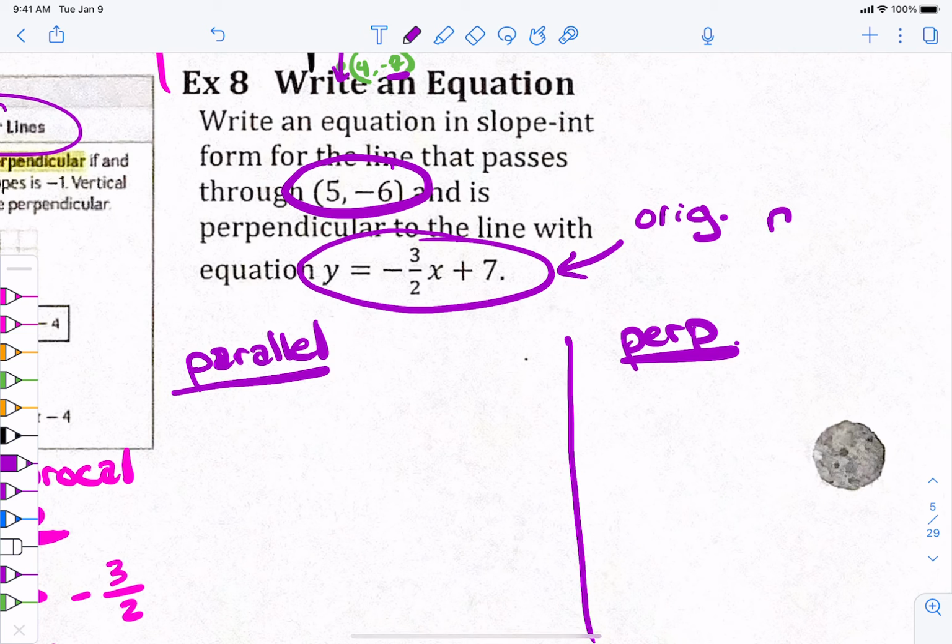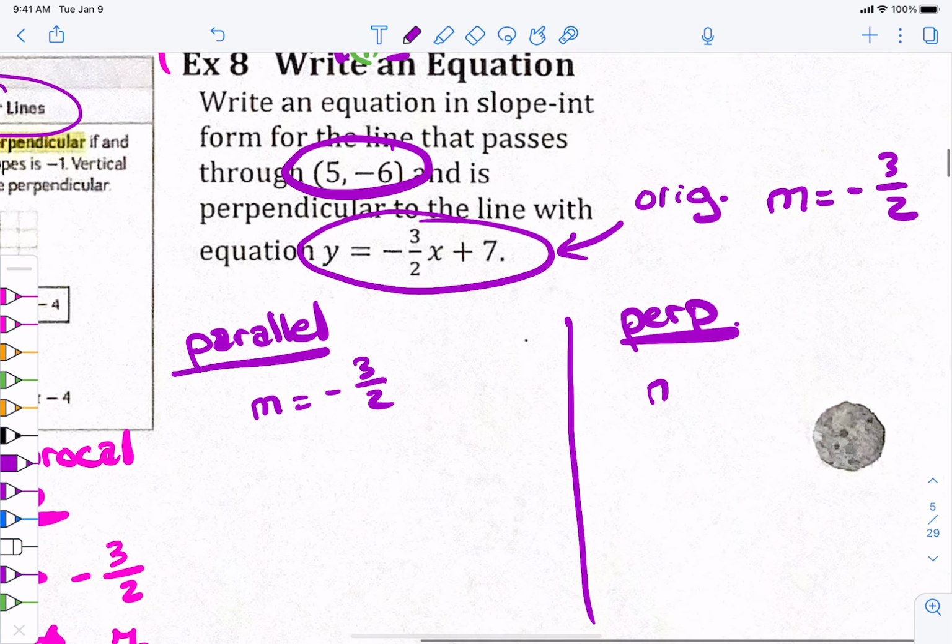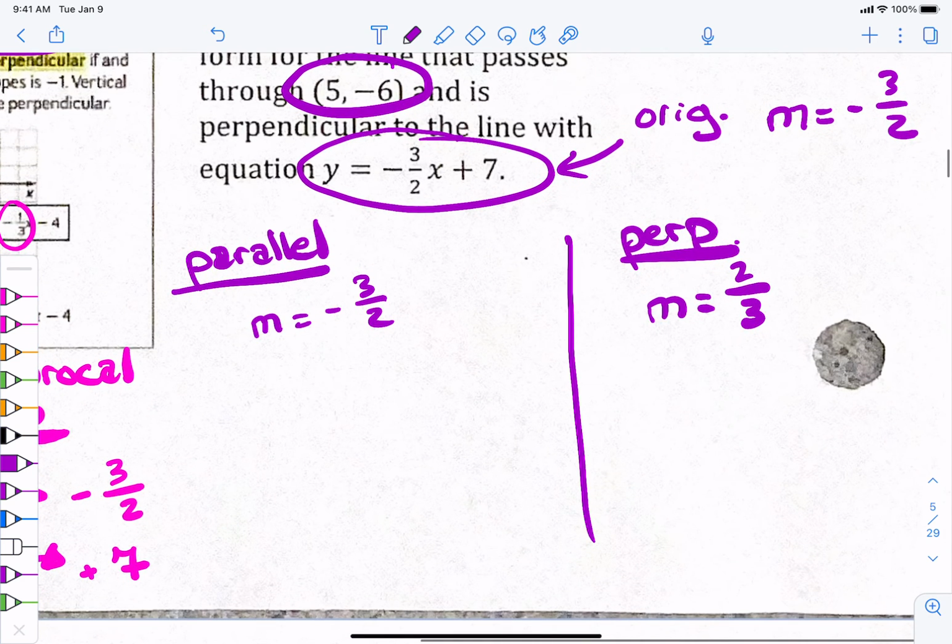What is the slope of that original line? -3 over 2. If I want a line that's parallel to it, that slope has to be the same. If I want a line that's perpendicular to that, what does its slope have to be? The opposite, so +2 over 3. It's already negative, so we make it positive.